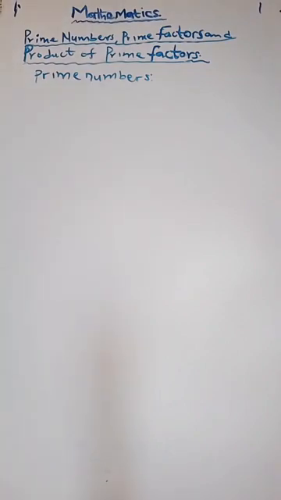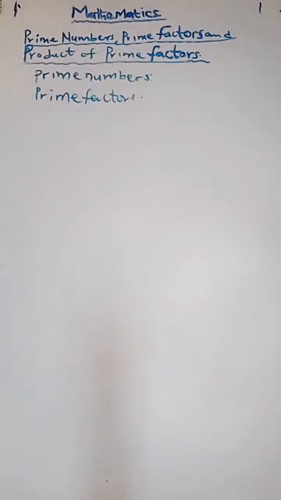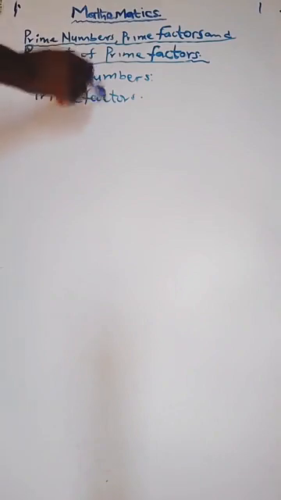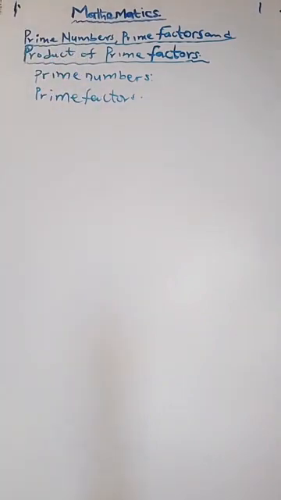So let's look at prime factors. First of all, a prime factor is a factor that is also a prime number. Let's use an example to illustrate what I'm trying to say. Let's say you have 6.